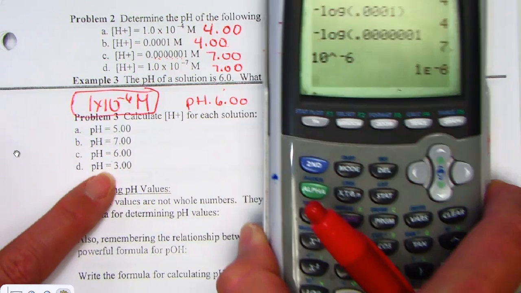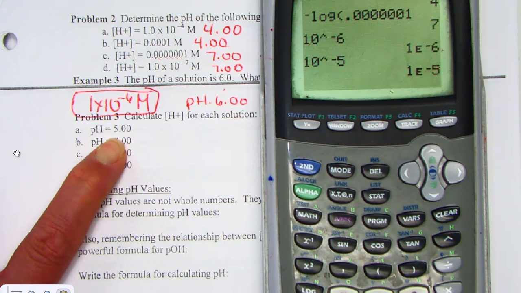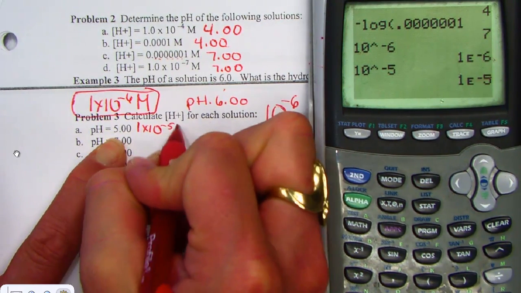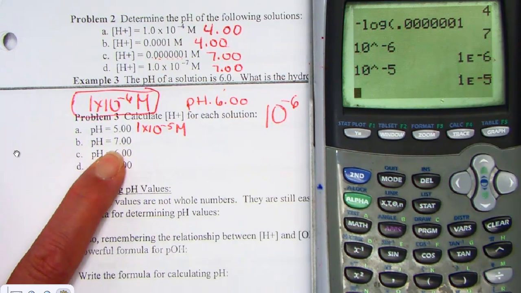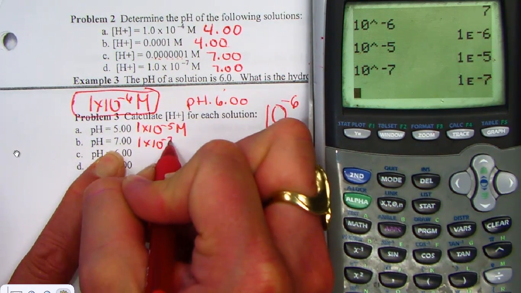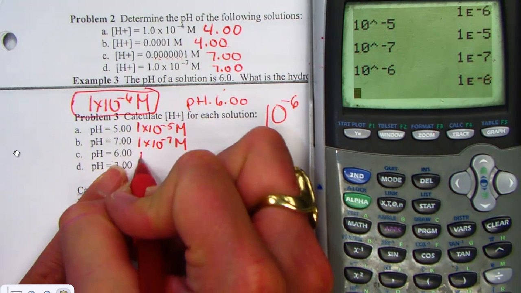So again, here's a series of whole numbers. 10 raised to the negative pH of 5 is 1 times 10 to the negative 5th. And that's a molar unit. pH of 7, 10 raised to the negative pH, 1 times 10 to the negative 7th. You'll see a pattern. 10 raised to the negative pH of 6, 1 times 10 to the negative 6th.